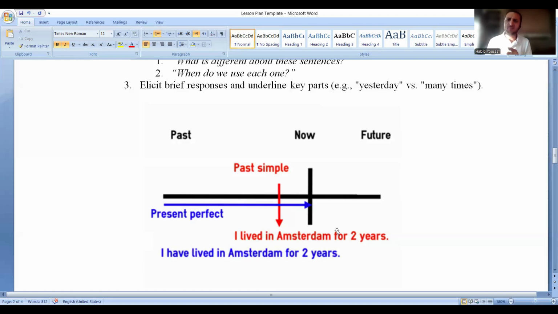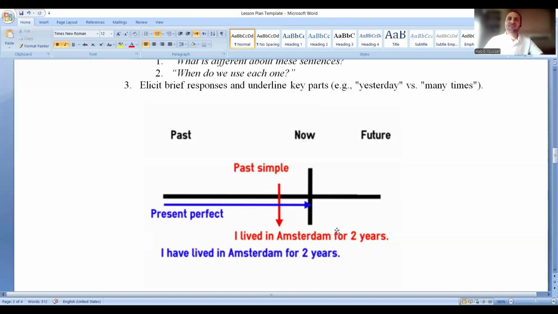So we use the past simple to talk about actions that happened, started and ended in the past. But we use the present perfect to talk about something that started in the past and just finished or is still happening, still going on. For example, you can just say, my mom, I just baked the cake.